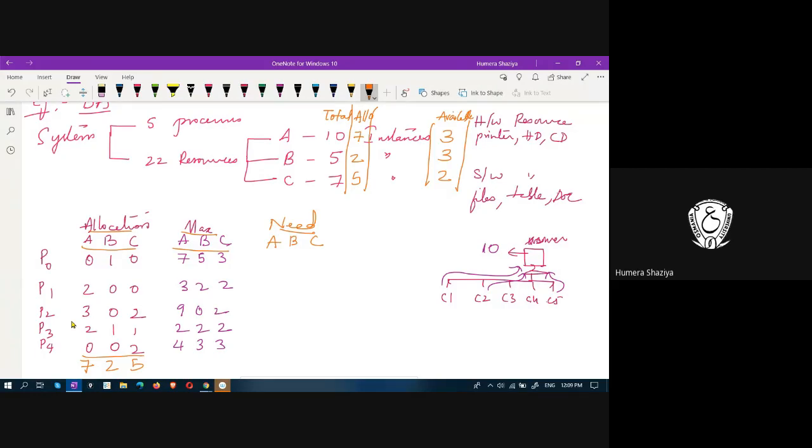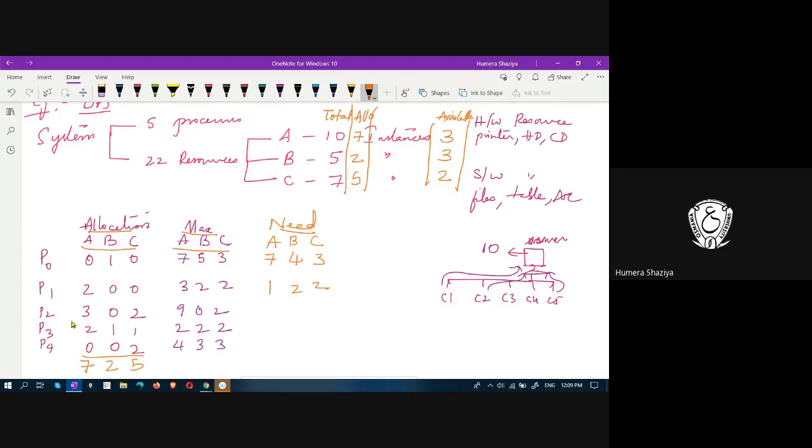So 7 minus 0 is 7. 5 minus 1 is 4. 3 minus 0 is 3. And here 3 minus 2 is 1, 2, 2. And here 9 minus 3. 9 is the maximum need, 3 instances have been allocated.